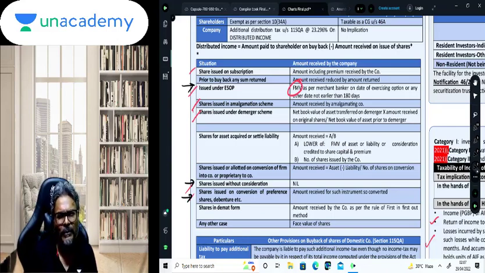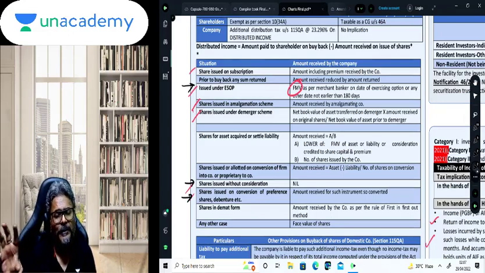When you have to calculate the cost, students, as far as TCS is concerned, there is a formula: the original cost of the shares which I had for Tata Sons, multiplied by the book value of the asset which has been transferred, divided by the net worth of the demerged company.